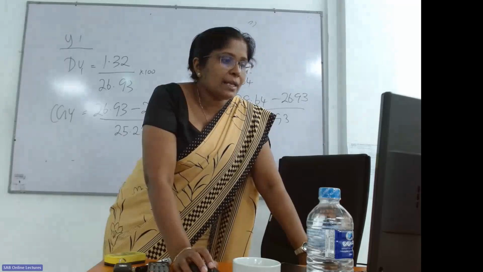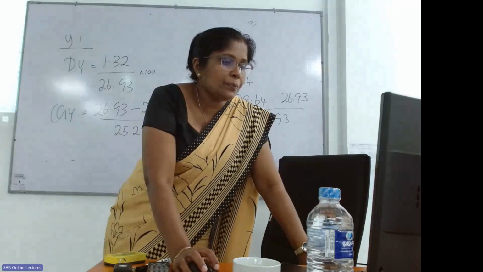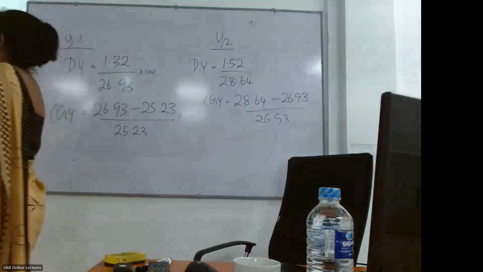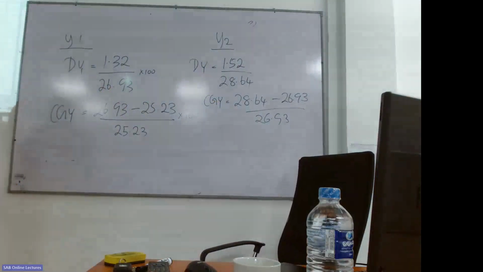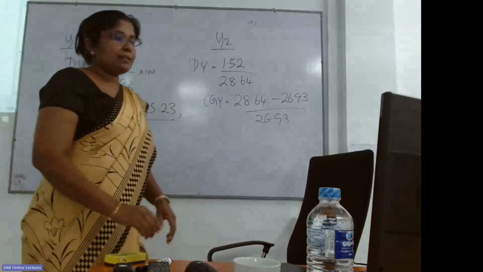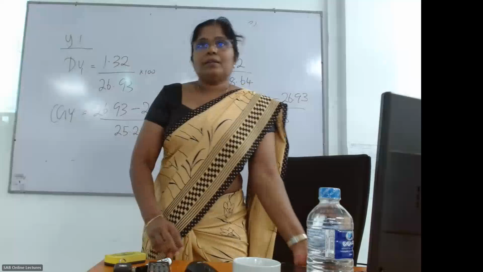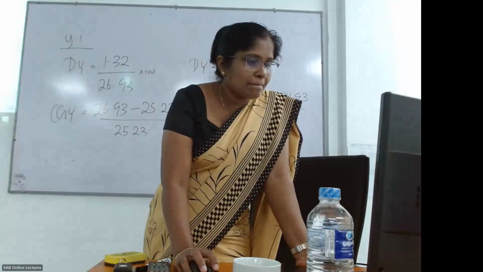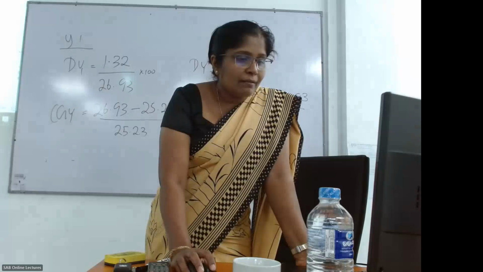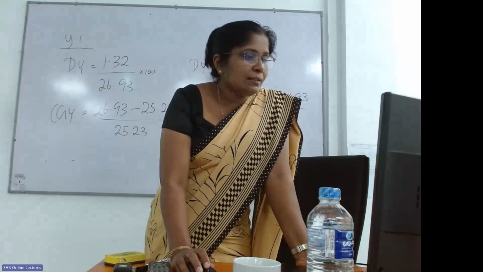So approximately you can see here it is equal to 12%. So likewise you can calculate price, dividend yield, capital gain yield, even for the next period you can calculate. Right.